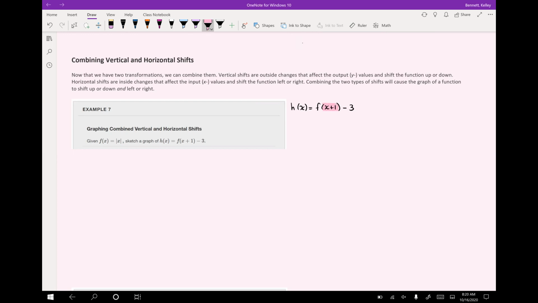We've got a horizontal shift and we have a vertical shift. So the vertical shift, it's going down by 3, and then it has a horizontal.